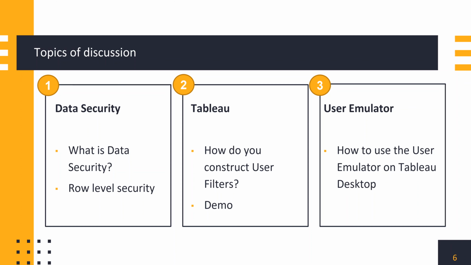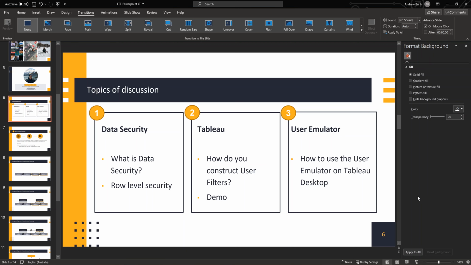So when we publish all of these workbooks onto Tableau Server, the same behaviors that you saw in Tableau Desktop just now also happen in Tableau Server, but the data or the view will already be filtered out. So taking Craig as an example, who was the manager of the US region, he'll only be able to see the data for the US, and that's strictly imposed as he logs on to Tableau Server itself.